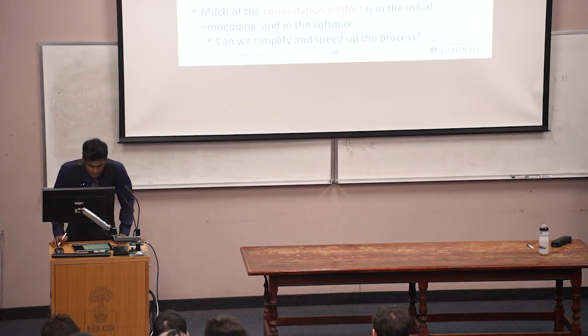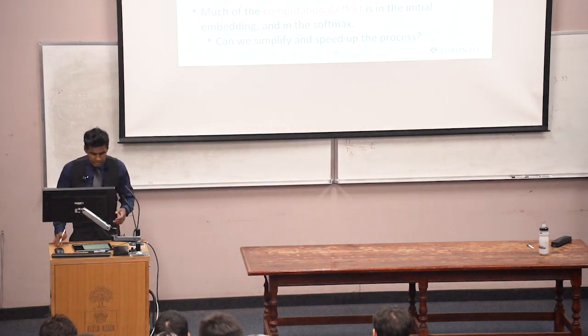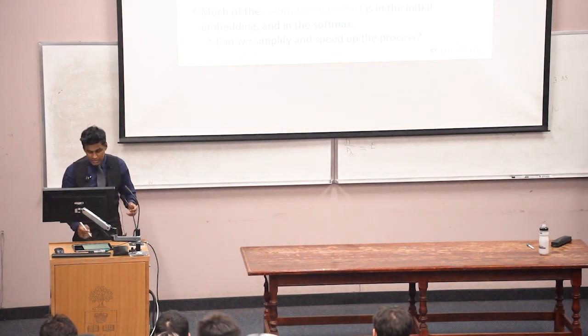Usually our traditional data sets for neural language modeling are large, they have lots of tokens, and their vocabulary sizes are very large. The computational effort to train these models using this approach can be infeasible. Next we talk about how we can simplify and speed up this process.